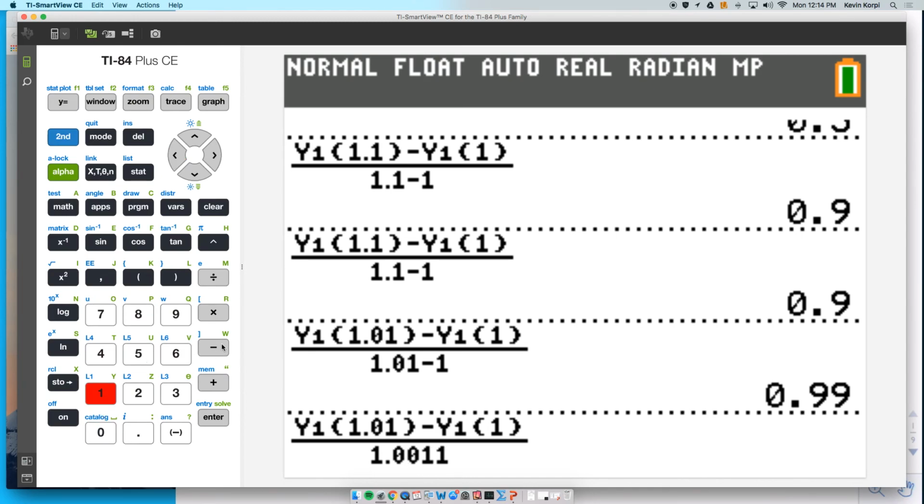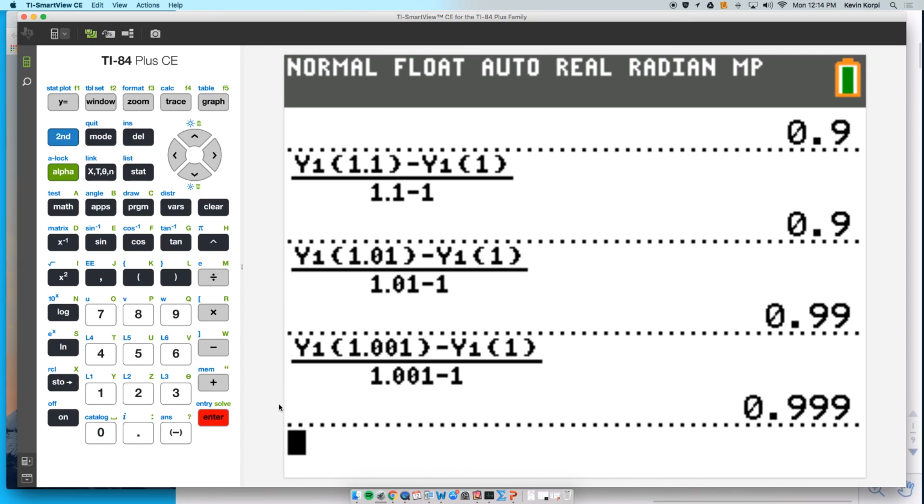You get the idea of what's happening here. You might actually already see a limit emerging. You think it's 1? Let's see. If I insert one more 0 here and then hit enter, it gets 0.999. And yeah, I think you can kind of see it.